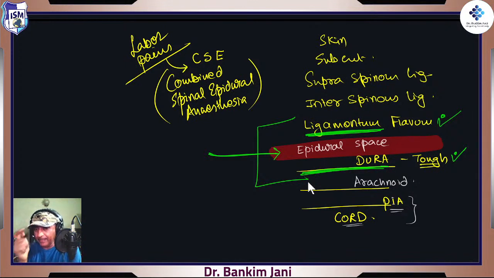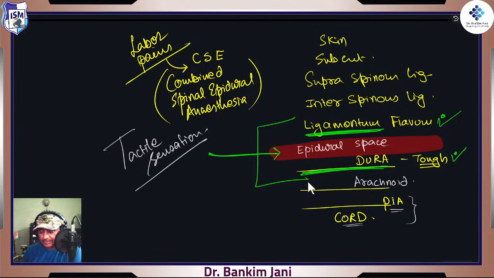Now, interestingly, when you are pushing the needle, how do you really know that, okay, now the epidural space has come? Your fingers would know. That is the tactile sensation. Not a very big rocket science, but see, when your needle is passing through thick structures, those ligaments, and ligamentum flavum, and suddenly as it crosses the ligamentum flavum, there is a feel, it goes inside.